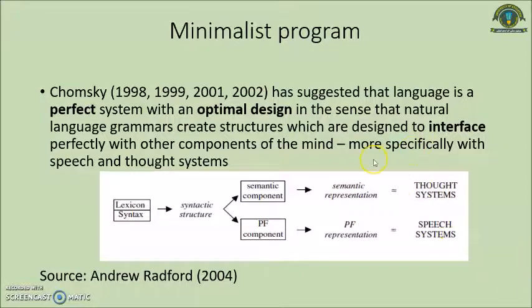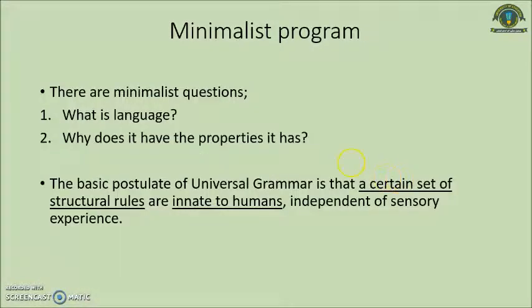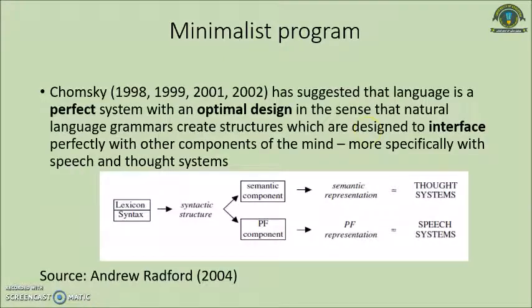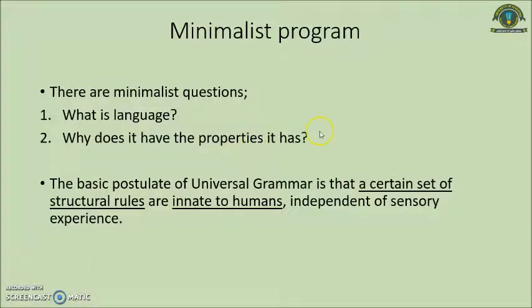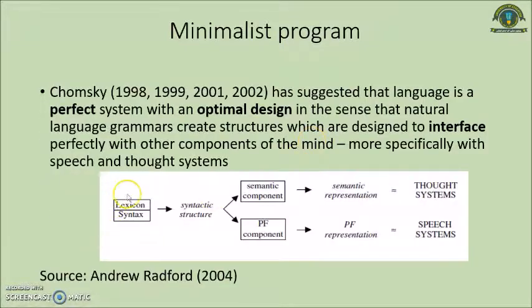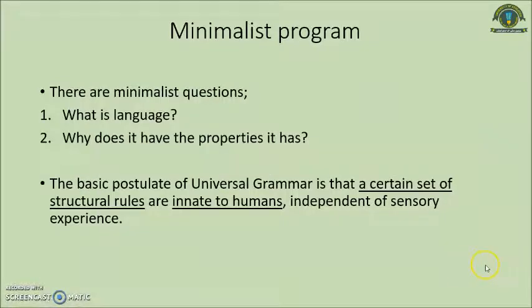So let's see what's next. We have here the minimalist question, a very important thing. Now you have seen in this diagram the optimal design of human language. So now the question arises: what basically is language, and why does it have the properties it has?